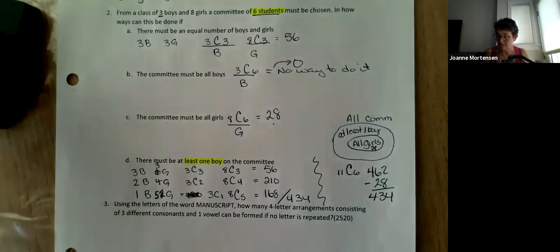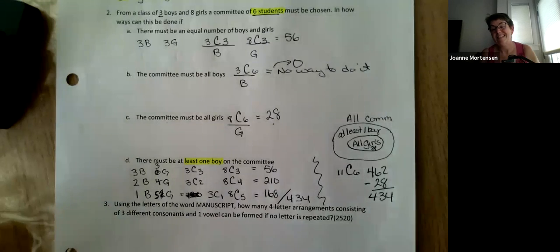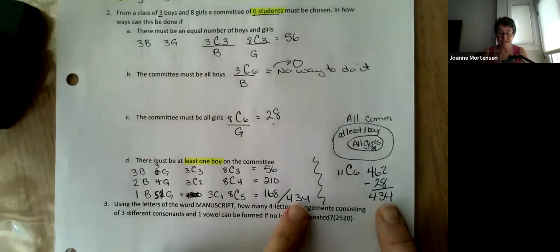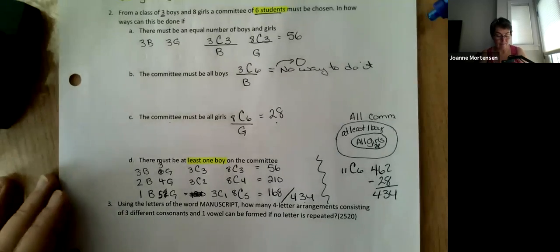Either way, we get the same answer. If I was doing this on a test, I would do one way, and then when I've completed my test, if I have a little bit of time, I might go through and double check it. Because I don't have an answer key for these questions, by doing it both ways and the answers match, I'm really happy. So I know my answer is probably going to be okay.